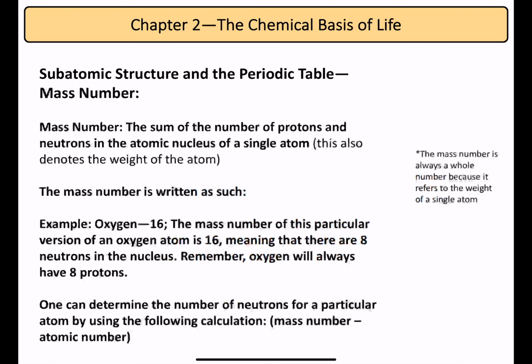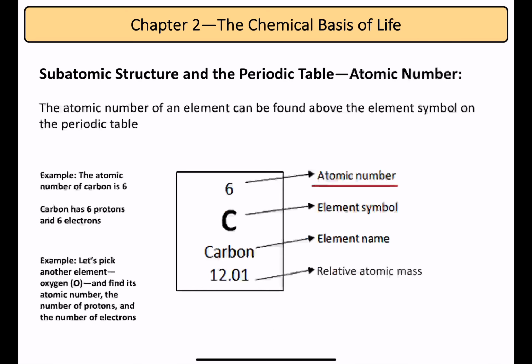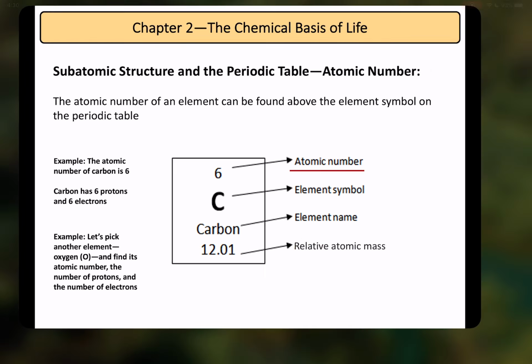Now in this class, I'm not going to focus on the relative atomic mass. I'm going to focus on a simpler term called the mass number. So instead of giving you a number that has a decimal like 12.01, you're always going to see a whole number.